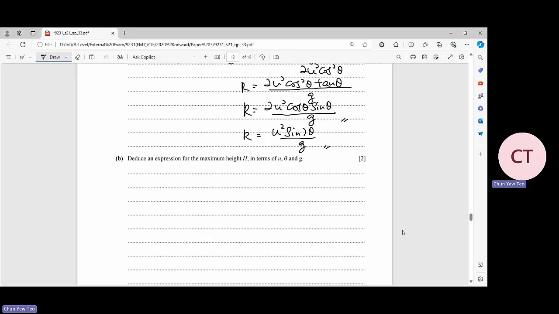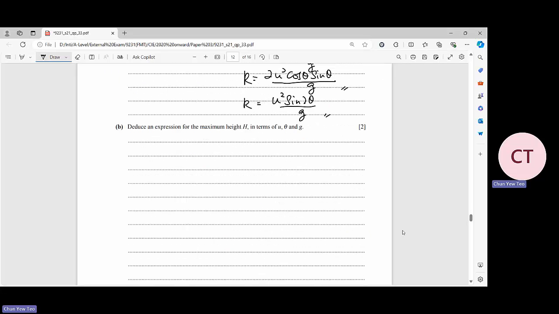The question mentioned that the maximum height is h. Then find h in terms of u and theta. So the maximum height happens at half of the range, when x is equal to half of the range. Okay, when x equals half of the range, your y is equal to h.